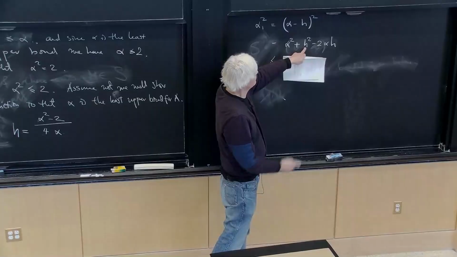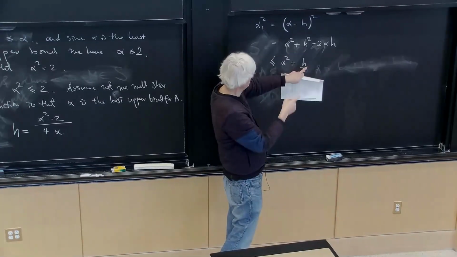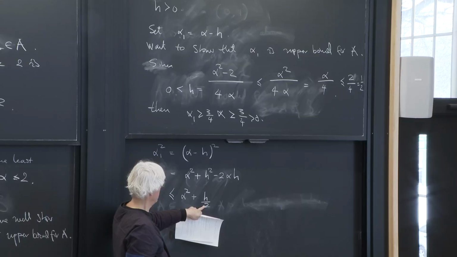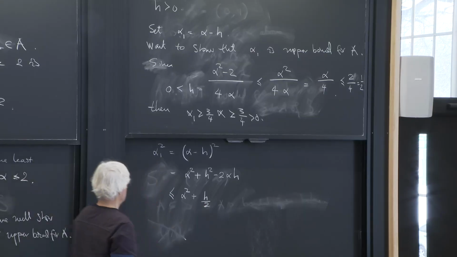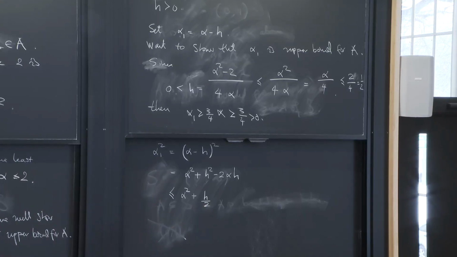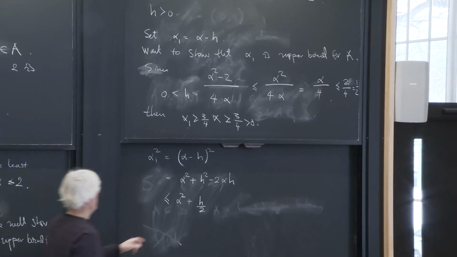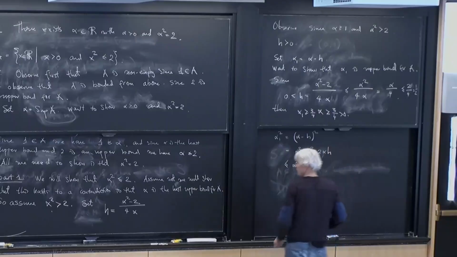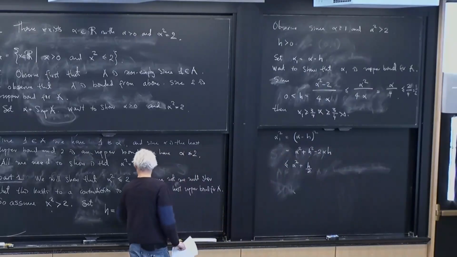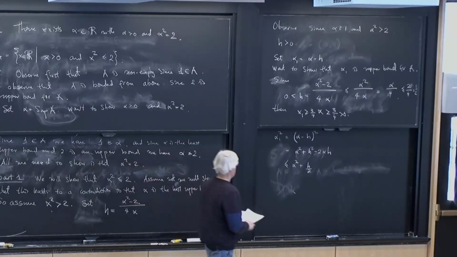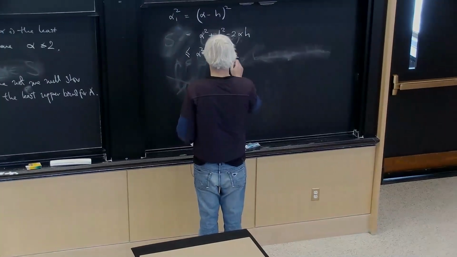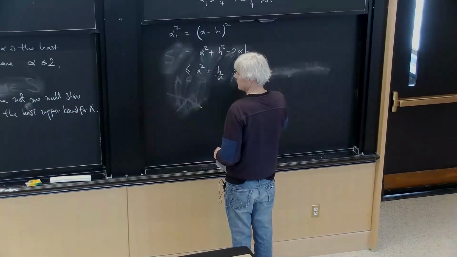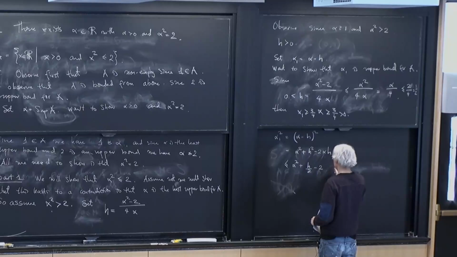So one of the h I just replace by a half, that is an upper bound, and the other one I just keep. And then minus 2 alpha h. But if you multiply alpha by h, then alpha disappears in the denominator. So you're getting minus 2. And then you're getting alpha squared minus 2 over 4.